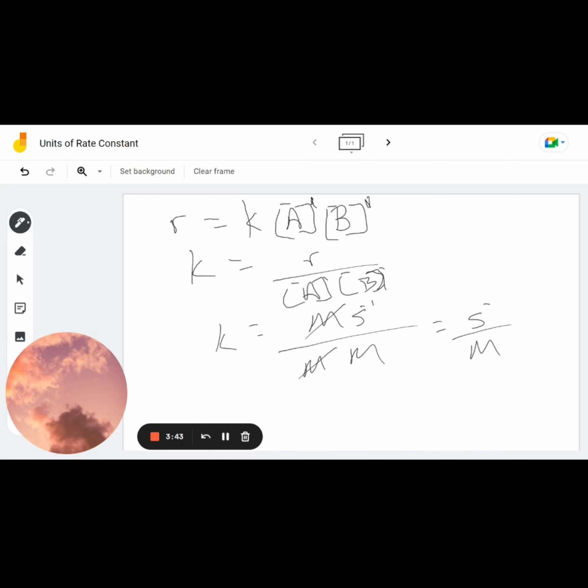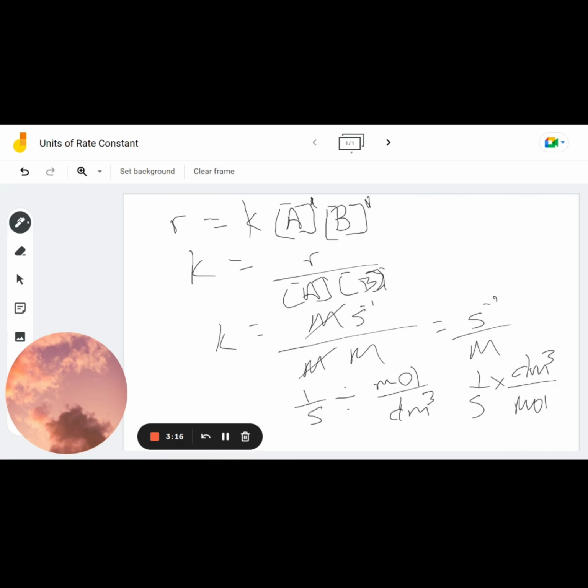Now what we want to do is translate that to something which makes sense. Per second is actually 1 over second, and we are dividing 1 over second by moles over dm cube. Mathematically, that will work out to be 1 over s times dm cube over mole.